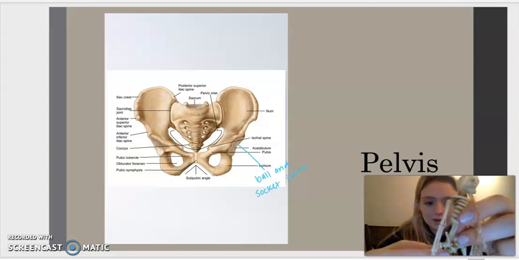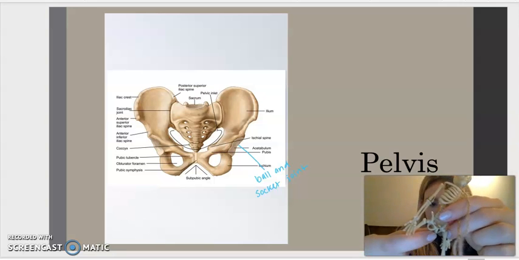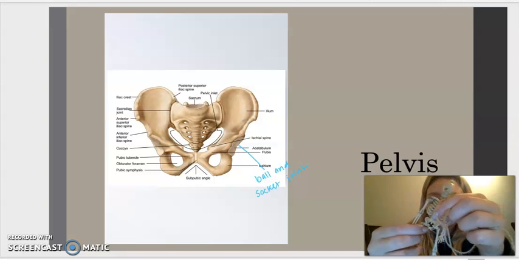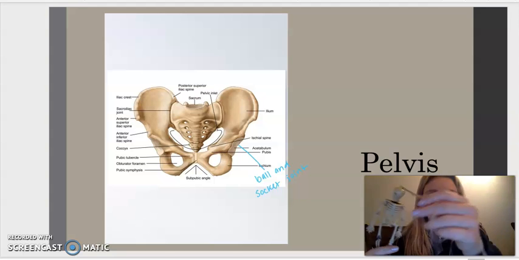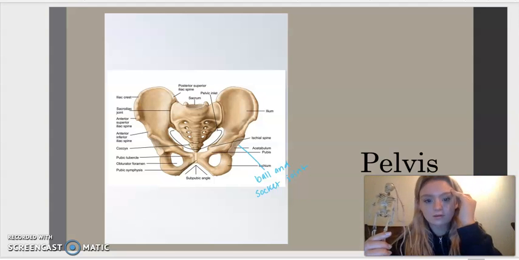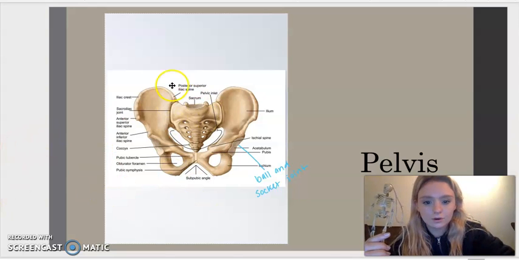Ischium is down here, ischium, and then the pubic symphysis is down there, and then you have sacrum and the coccyx, which doesn't look very accurate. So these are not accurate on the skeleton.